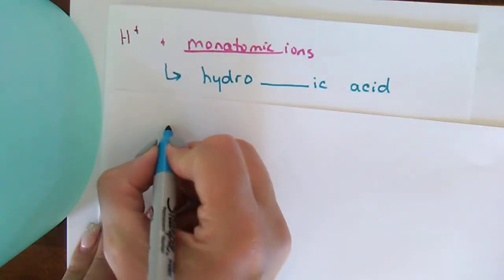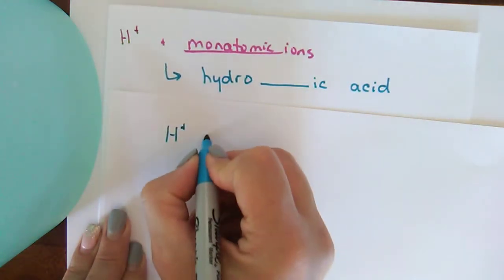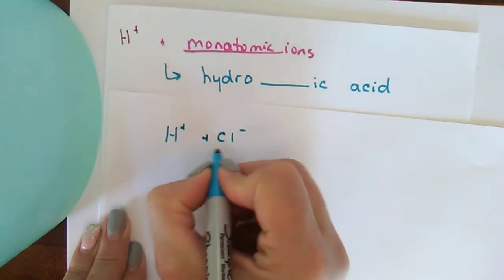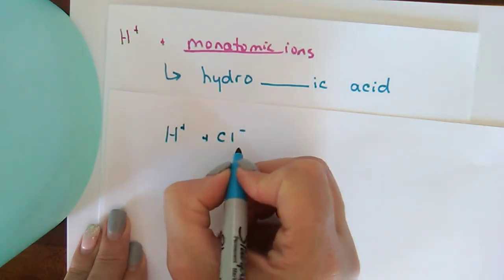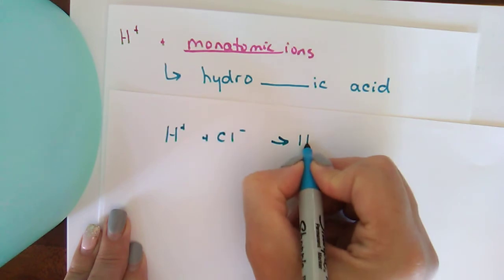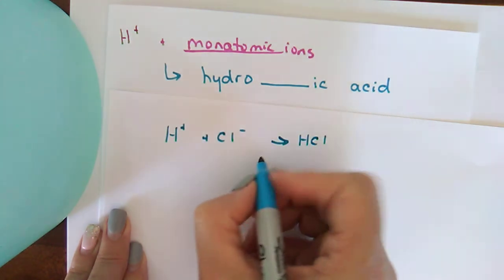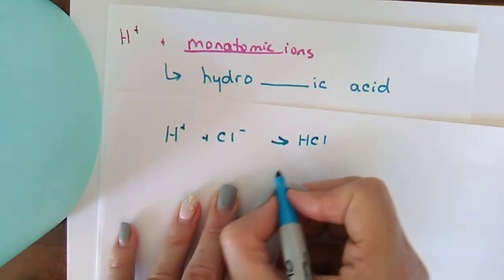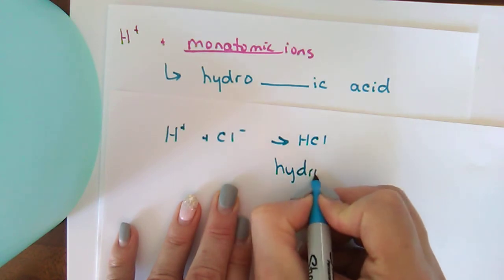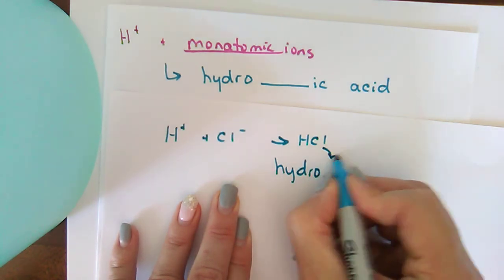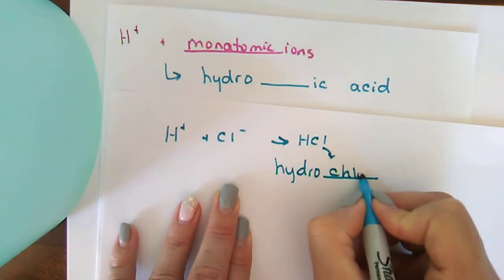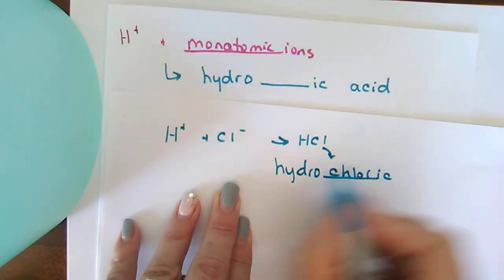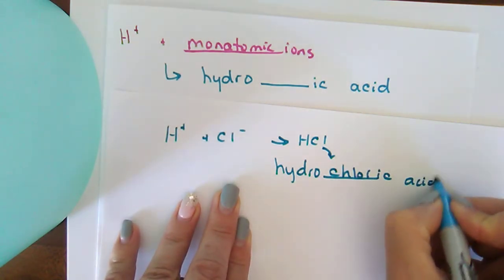So hydrogen, +1 charge, when it combines with chlorine, a monatomic ion, there's no oxygens here, it would be HCl, hydrogen chloride. This now could be named hydro from the root anion, chlor, we're going to have chloric acid, hydrochloric acid.